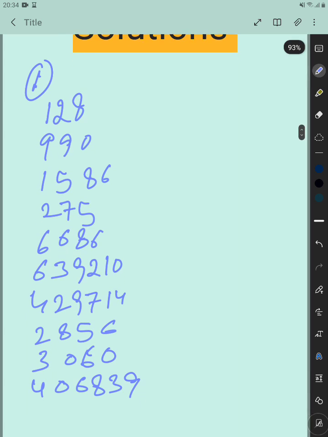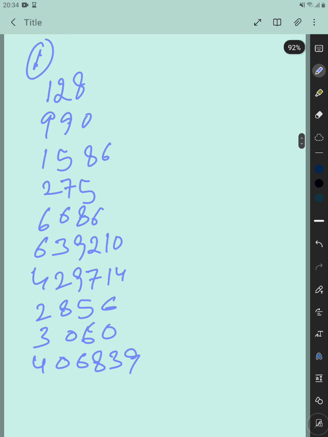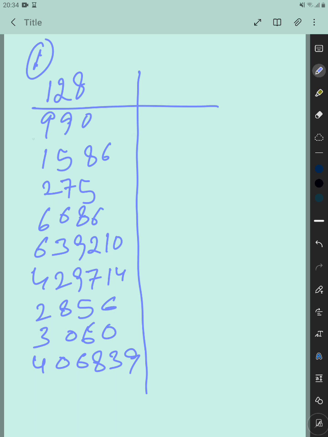Okay, so now we'll start with 2 and write whether it is divisible or not.